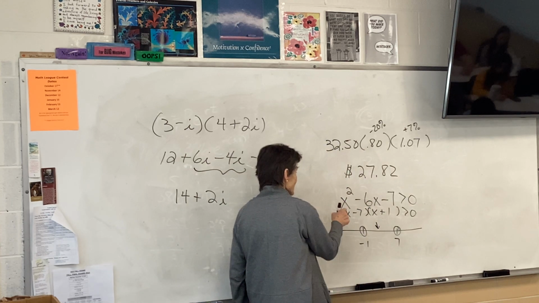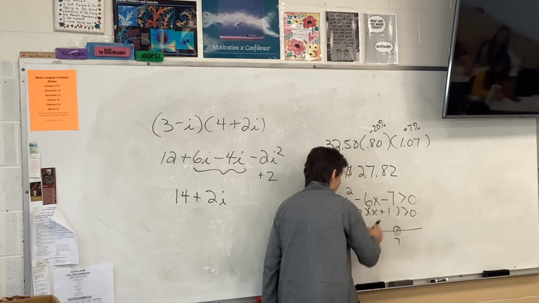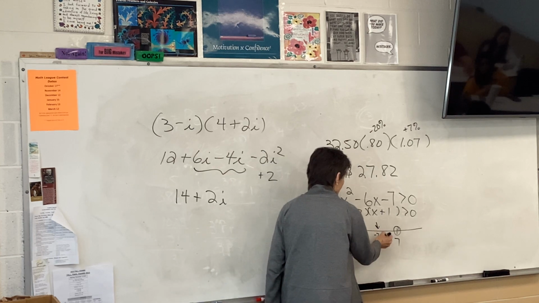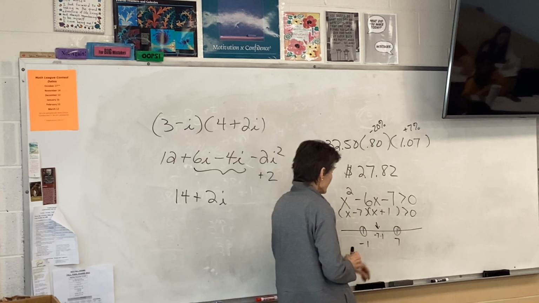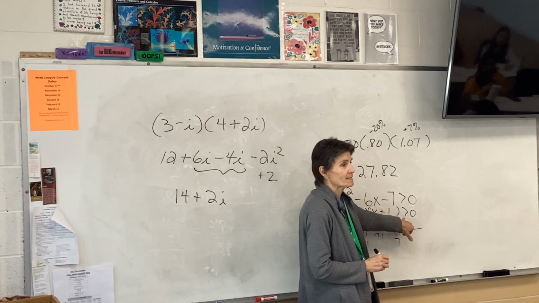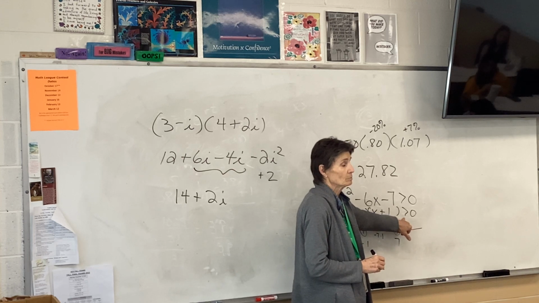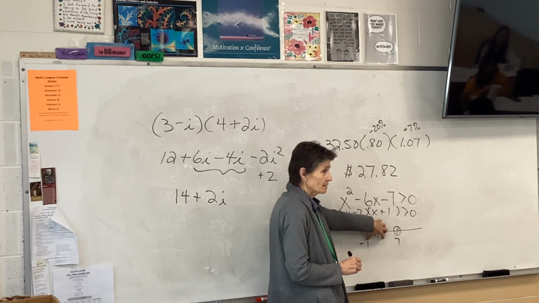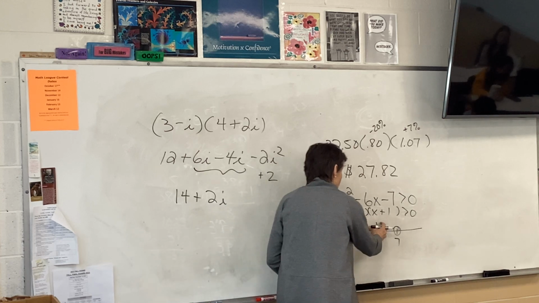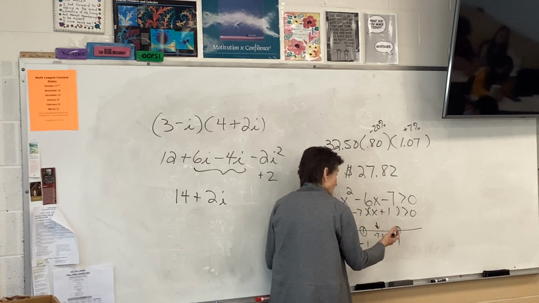If I put 0 into my problem, I get -7 times 1. Is -7 times 1 bigger than 0? No. So that means don't shade. Well, if I don't shade here, then what does that tell me?